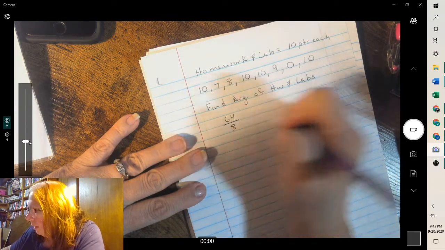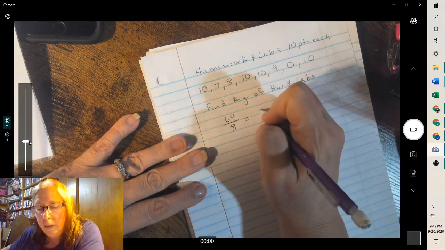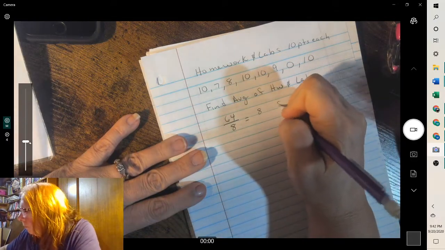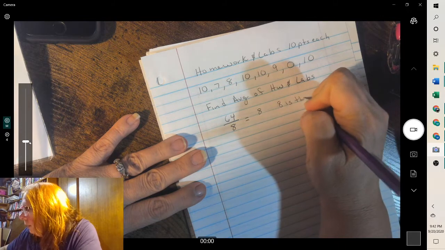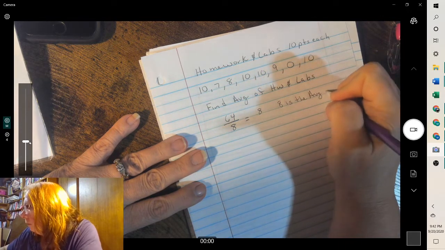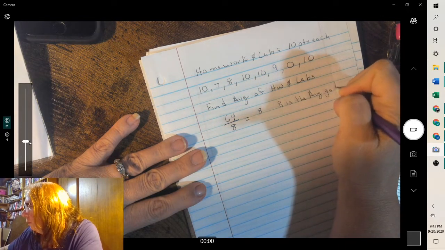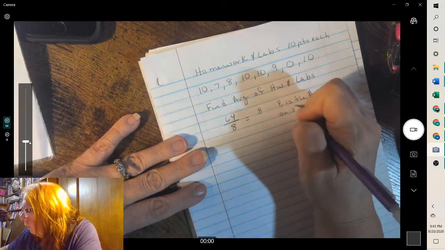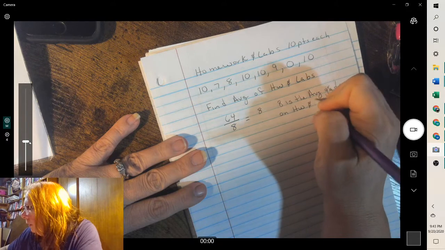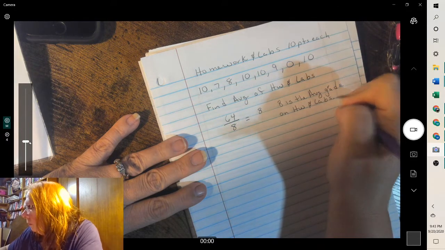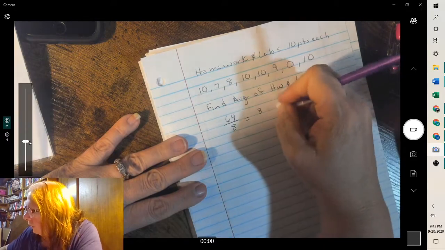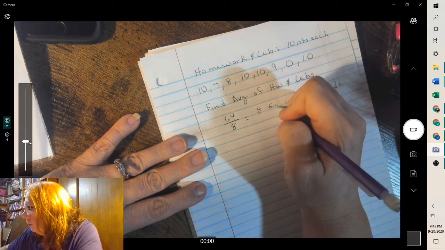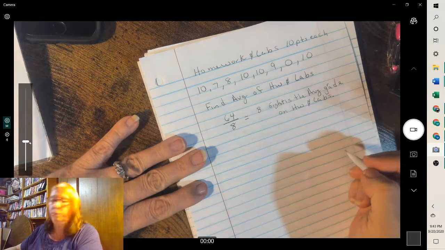And then divide by how many there were, and we get an 8. 8 is the average grade on homework and labs. Let's write that out since it's at the beginning of a sentence. And so that's what we put.